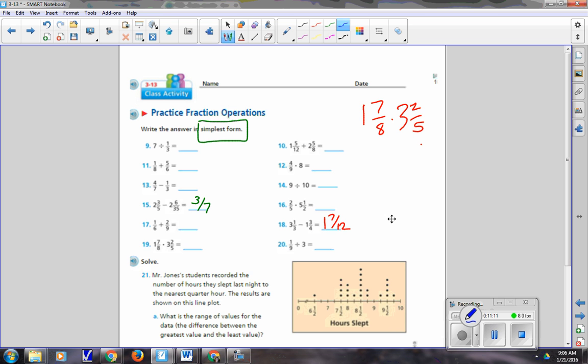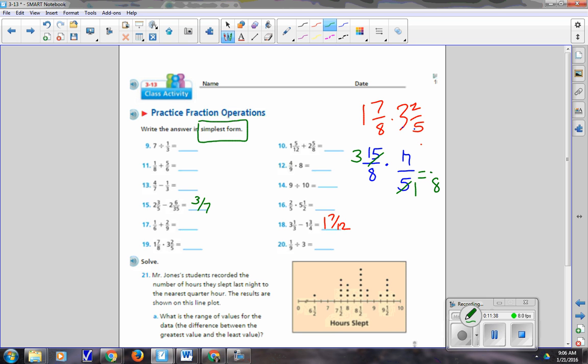So 8 times 1 is 8, plus 7 is 15/8. 5 times 3 is 15, plus 2 is 17/5. Again, I like to reduce or simplify before I multiply, because I really don't want to multiply 15 times 17 personally. So 1 and 3.